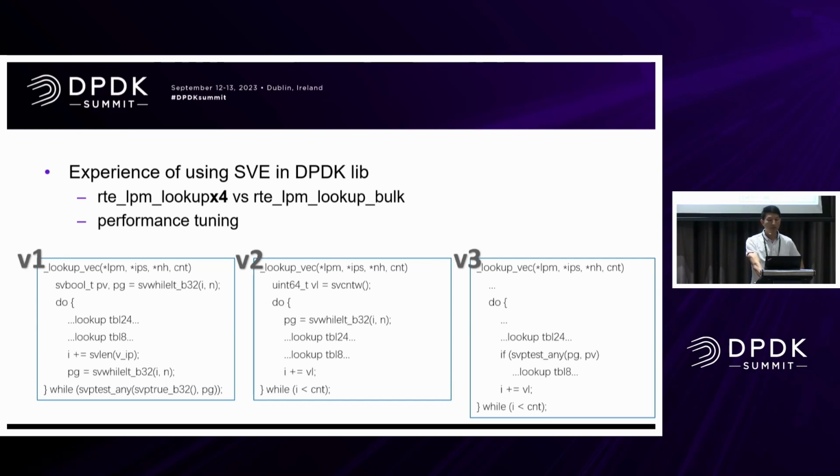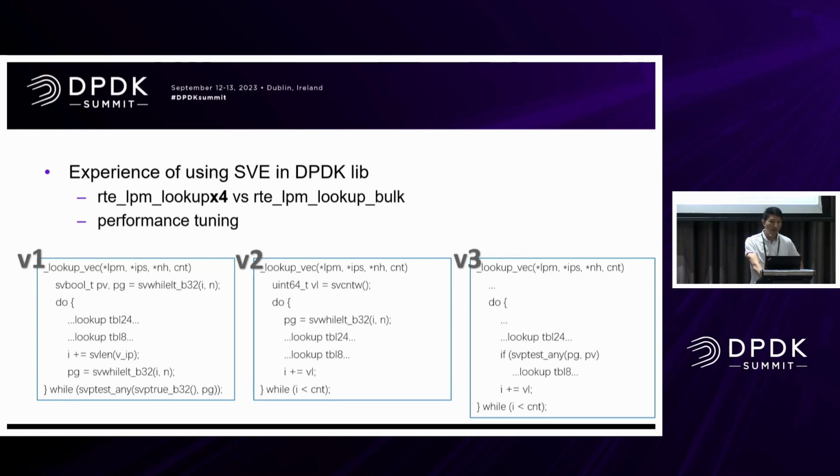So then I moved my focus to another API, the LPM lookup bulk. It is a more generic function of LPM table lookup. It accepts several IPs and then looks them up in the LPM table. I will also talk about some performance tuning I did in this work.